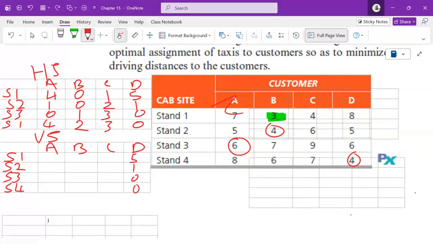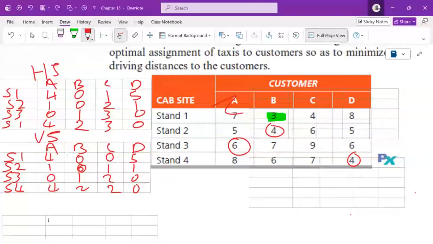We said we don't touch them. Then this one, 1, 2, the smallest is 0, 0, 1, 2 and 2 again. Then here 0, 0, 1, 2. Okay, then 4, 1, 0, 4.